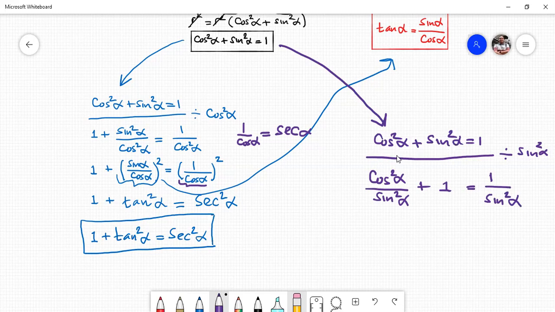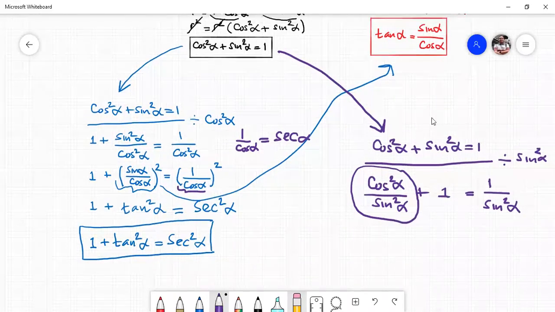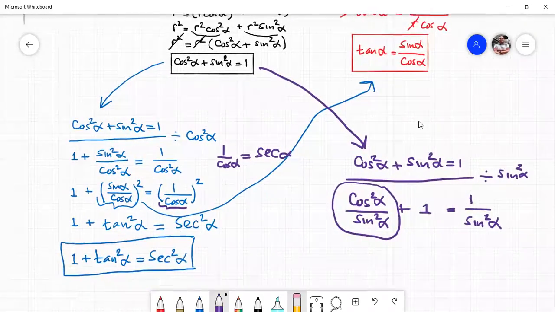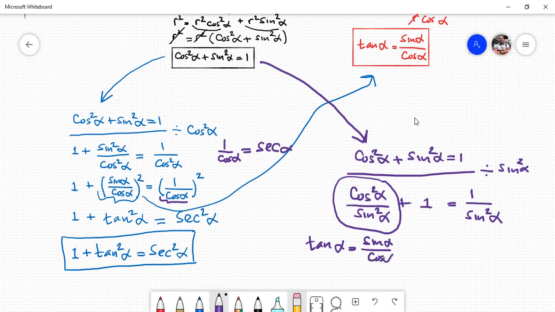Okay, now for this, pay attention. From the formula that we have, tangent alpha is actually sine alpha out of cosine alpha.